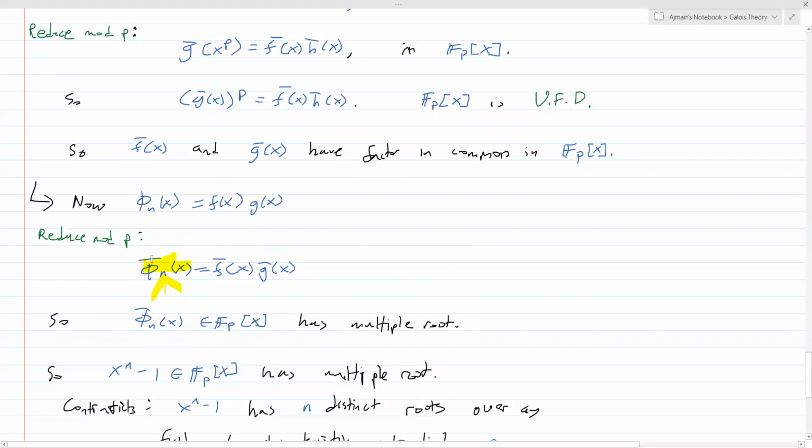if you look at how this splits in the splitting field, it's going to have a monomial factor which is repeated at least twice. So that means that the nth cyclotomic polynomial with reduced coefficients has a multiple root.